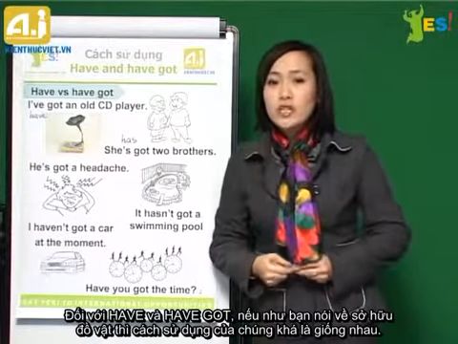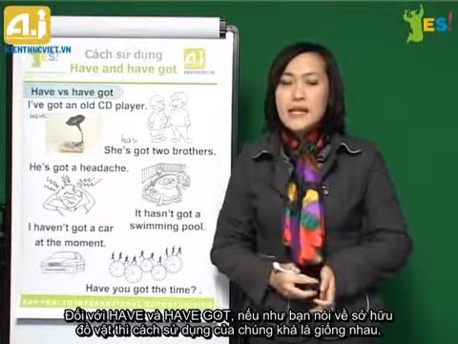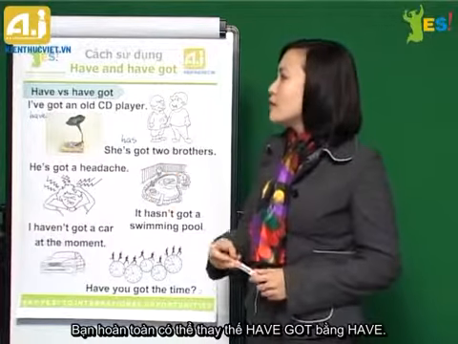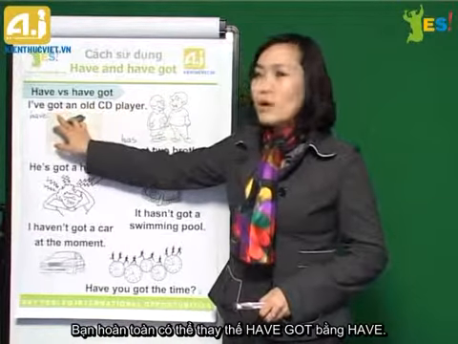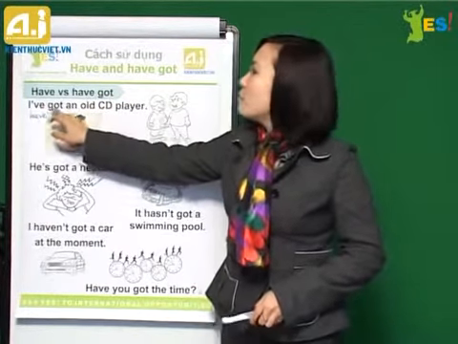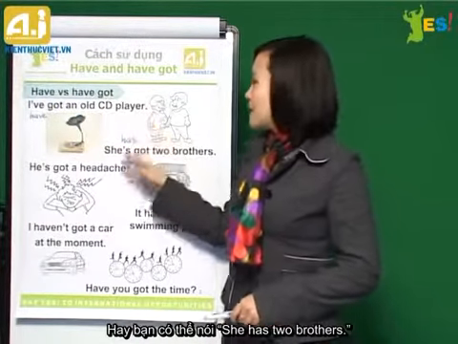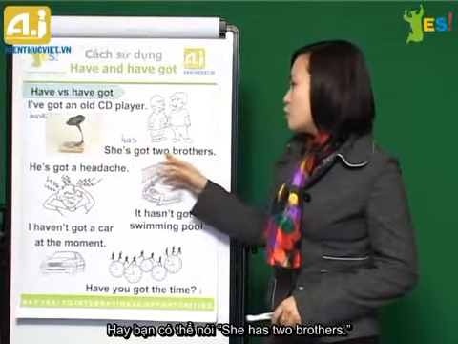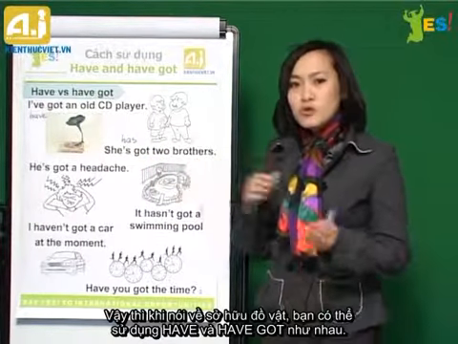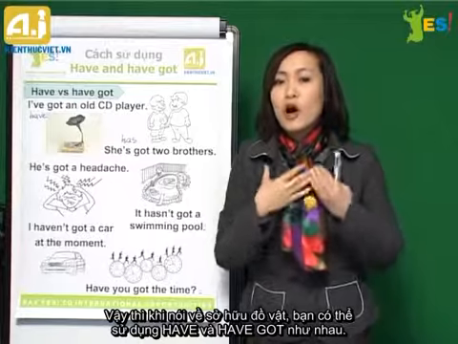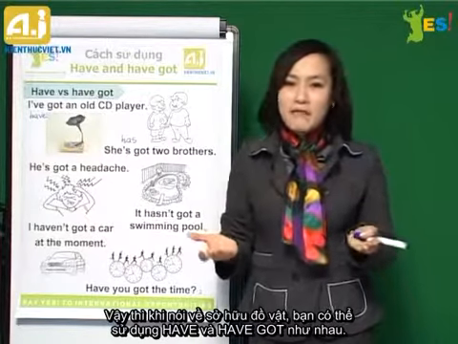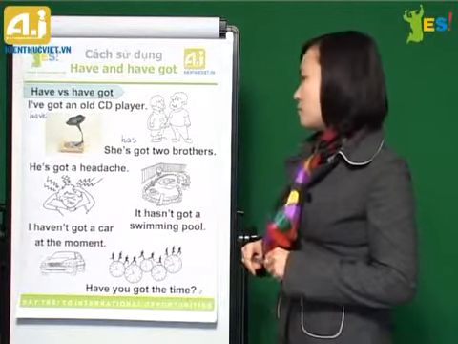For have and have got, if you talk about possessions, then it's pretty much the same. You can totally replace have got with have. For example, I have an LCD player. You can say, she has two brothers. So to talk about possession, like having something, owning something, you can use have and have got similarly.